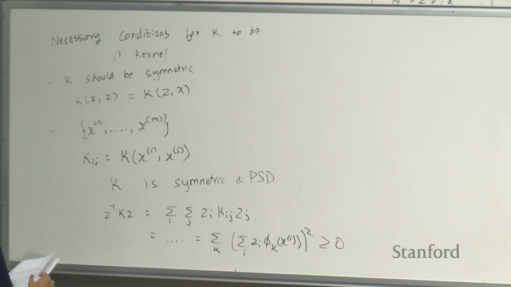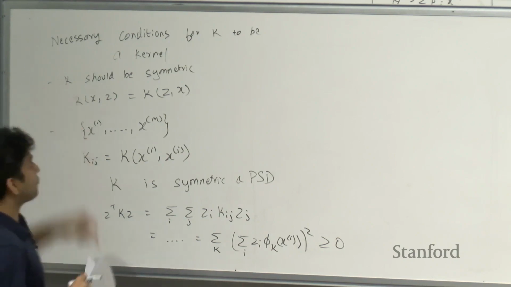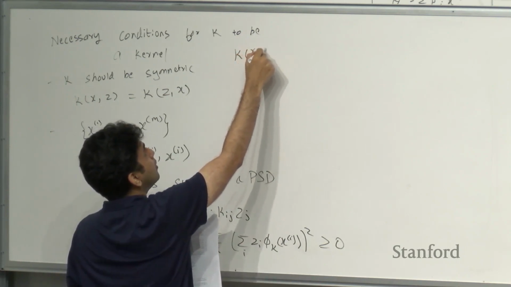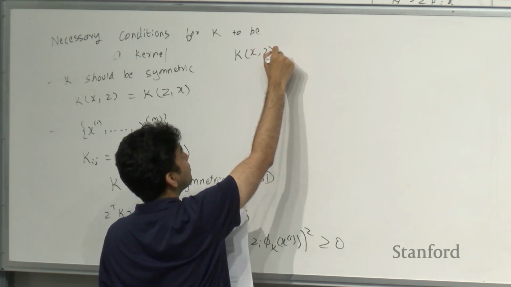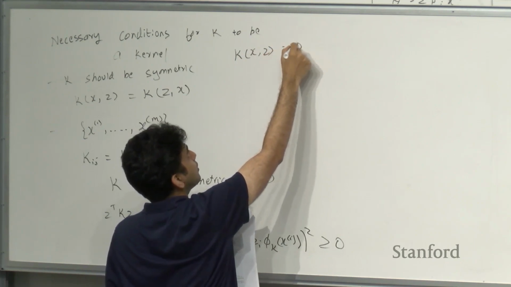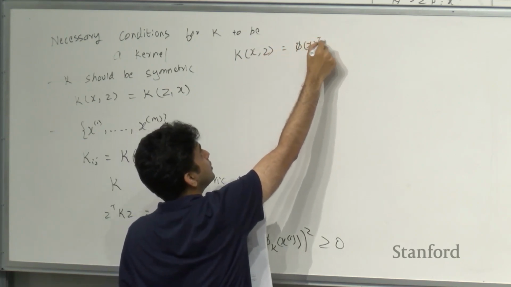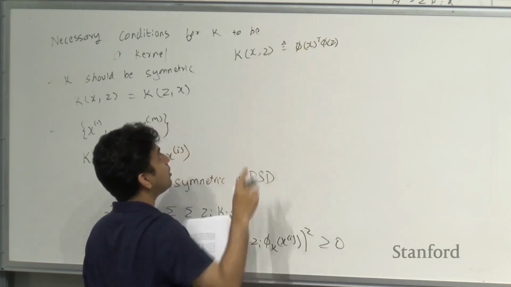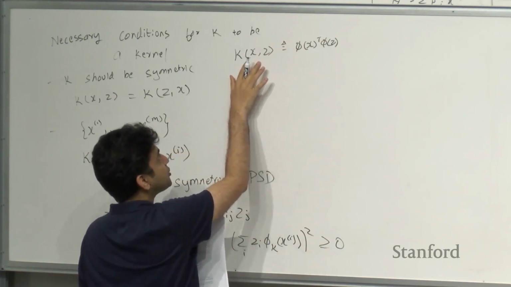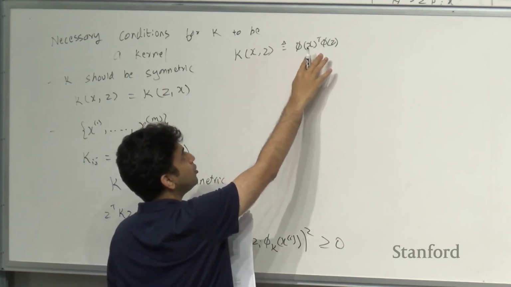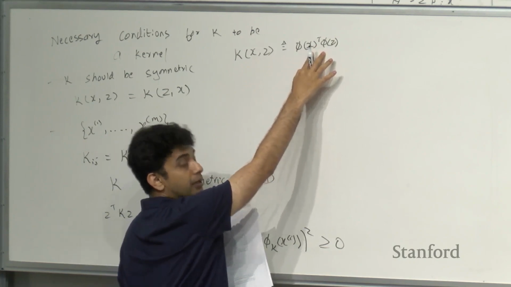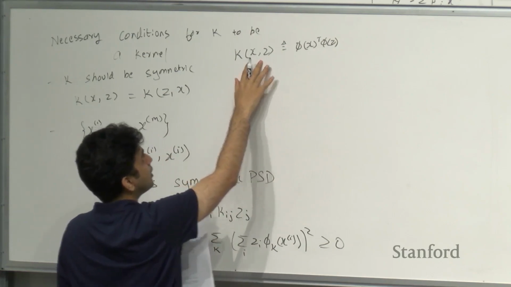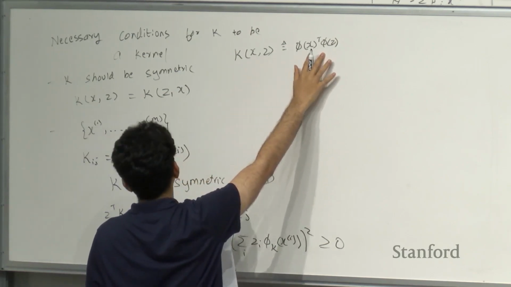So the definition of a kernel, as a reminder, the definition of a kernel corresponding to some feature vector phi is phi of x transpose phi of z. This is the mathematical definition, right? But in general, this could be any function k that evaluates to the same value as the explicit dot product, and that's the definition of a kernel, that it has a feature representation like this.